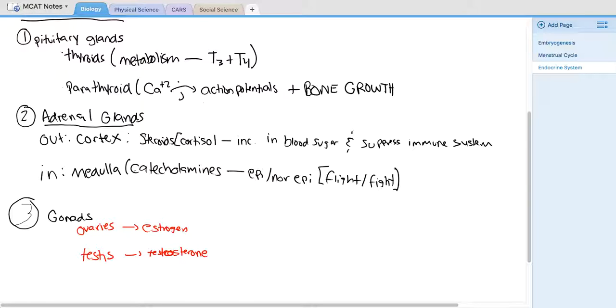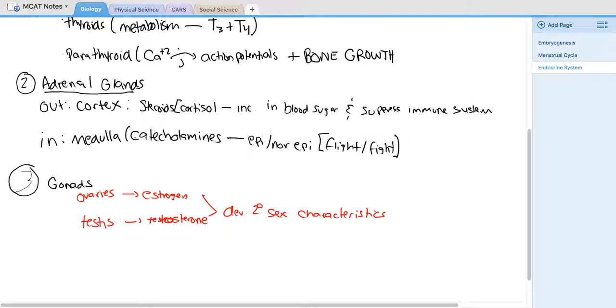Okay, and both of these will be important in developing secondary sex characteristics. In women, you'll have enlargement of the hips, and men, you'll have deepening of the voice and growth of pubic hair.